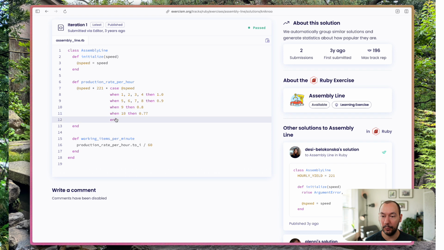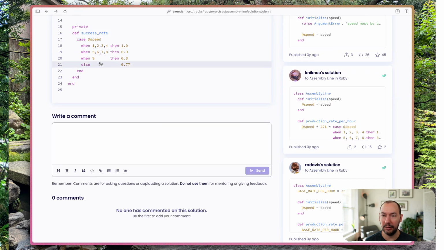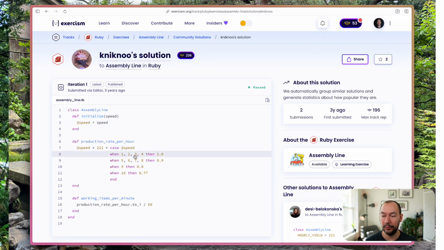when then. So no else. What was the else here? So they skipped the 10. And they specifically call out 1, 2, 3, 4. 1, 2, 3, 4. Yeah. So this person did not use a constant at all, right?